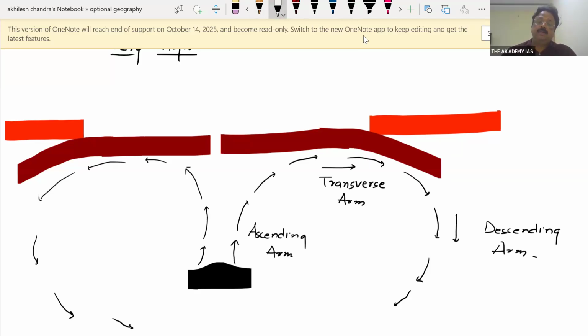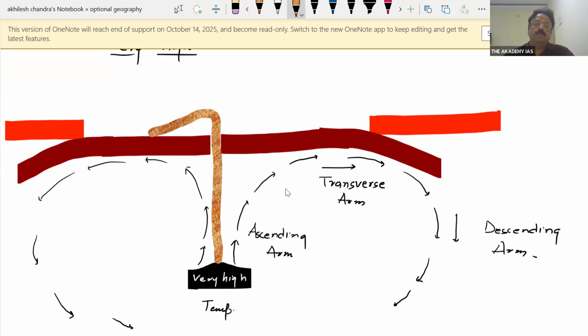These convectional currents originate from the mantle where there is very high temperature. And these strong convectional currents are responsible for lifting the magma up. Magma comes up and spreads over in the form of the mid-oceanic ridge.